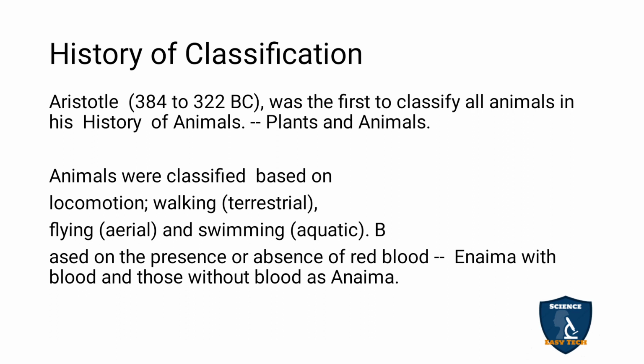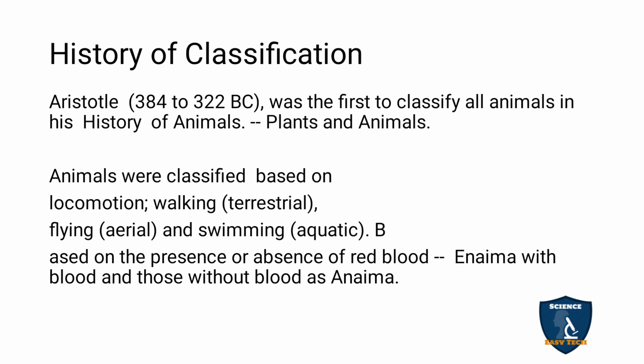So here is the history of classification. Aristotle, 384 to 322 BC, was the first to classify animals and plants, and he gave the history of animals also. So the animals are based on what? Locomotion. If they move from one place to another by walking, swimming, flying, they are considered accordingly.